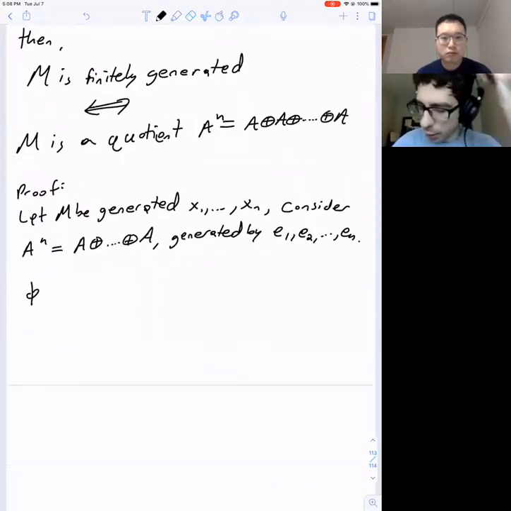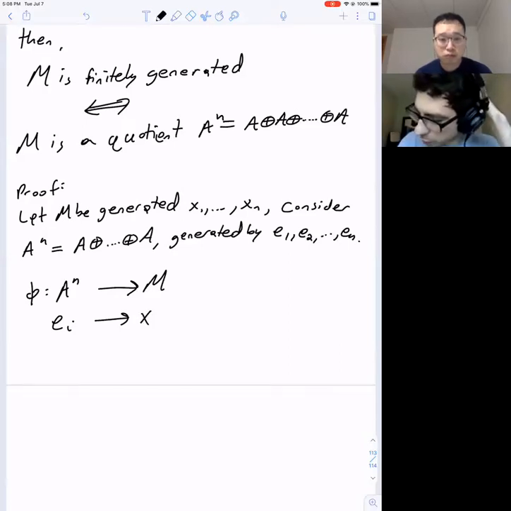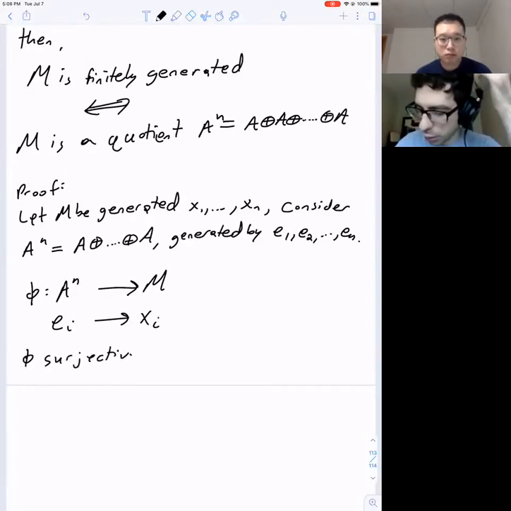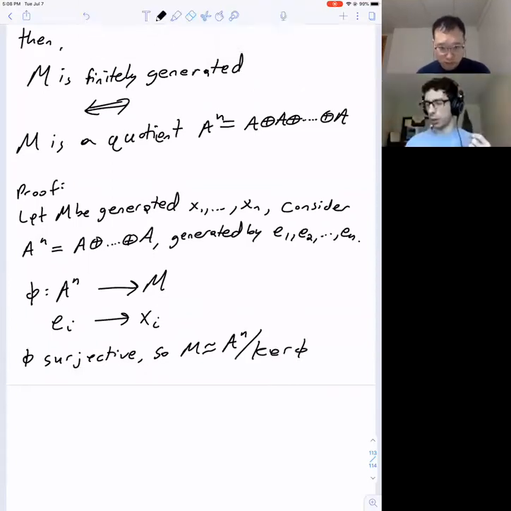Then we can make a map from A^n to M where each basis element of A^n maps to the corresponding generator of M. So this is clearly surjective. So M is isomorphic to some quotient of A^n, M is isomorphic to A^n mod kernel. That is exactly what we're trying to prove.